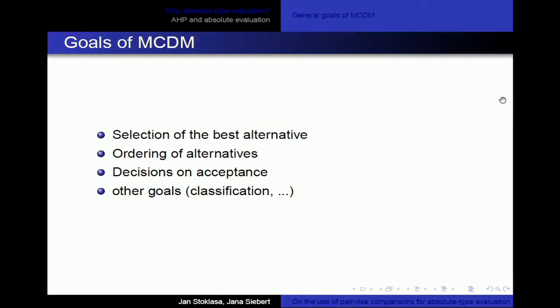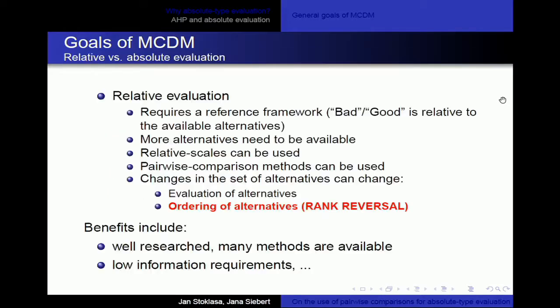Most of these are covered by the most researched methods, which are relative type methods. Not all of these goals can be reached by relative type methods, and not all of them can be reached reliably. So what is the difference?